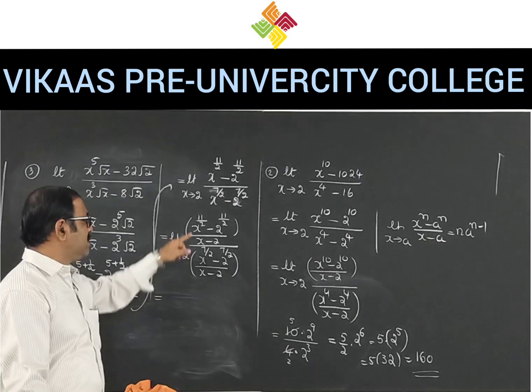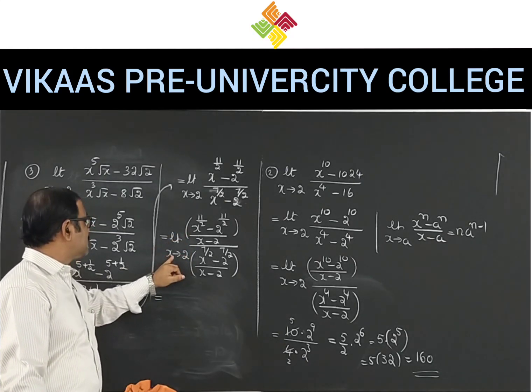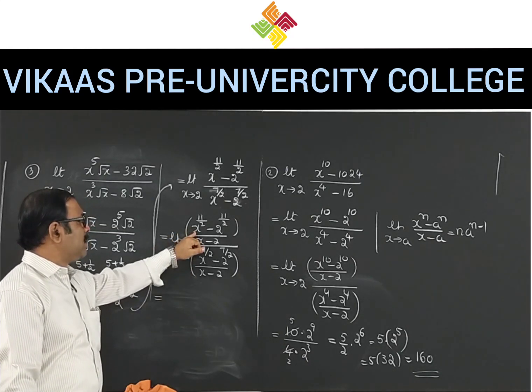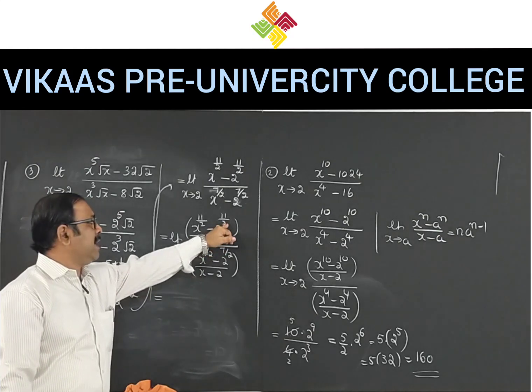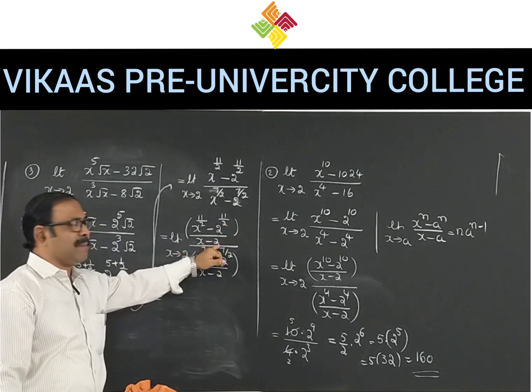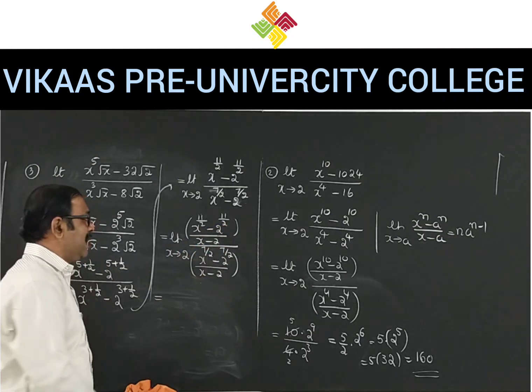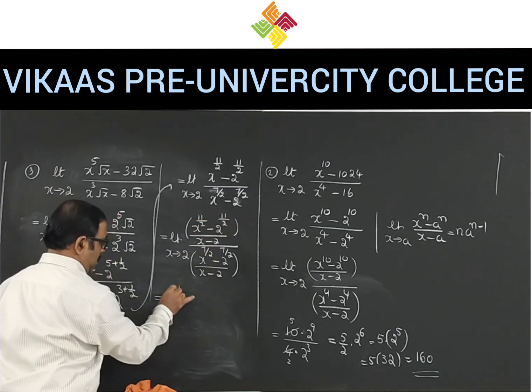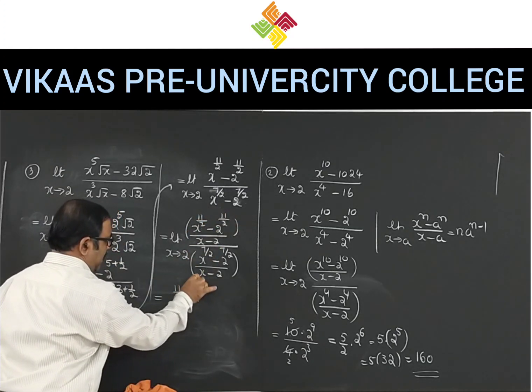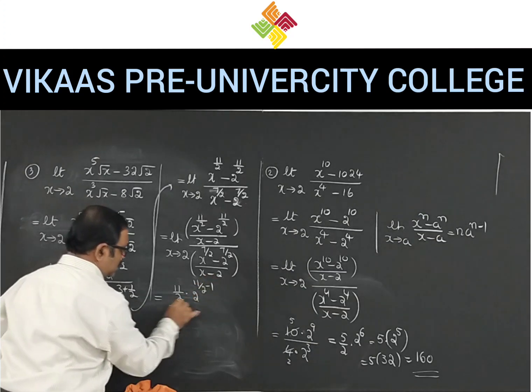What is the standard limit? Limit x tending to a, (x power n minus a power n) by (x minus a). It is n into a to the power n minus 1.